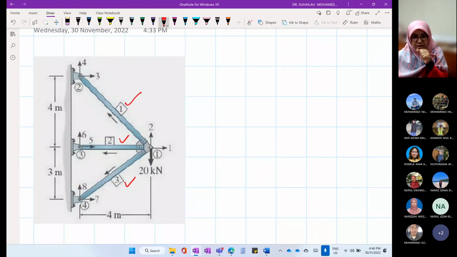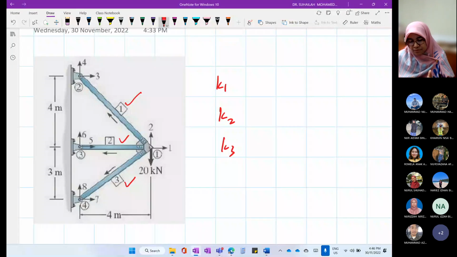When we form the element stiffness matrix or stiffness matrix for member, we call it K1. This is the stiffness matrix for member number 1, element number 1. We have to produce K2, the stiffness matrix for element number 2, and K3, the stiffness matrix for element number 3.